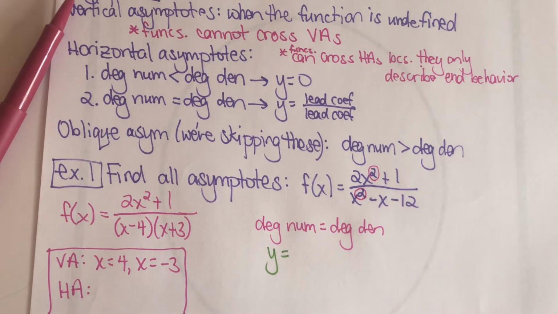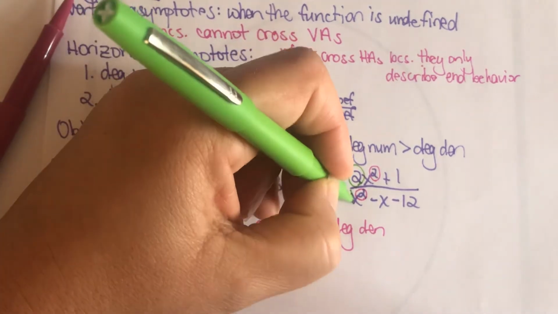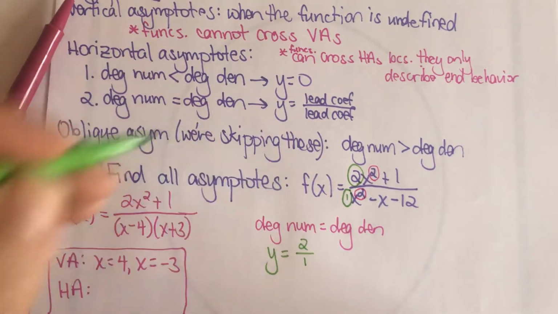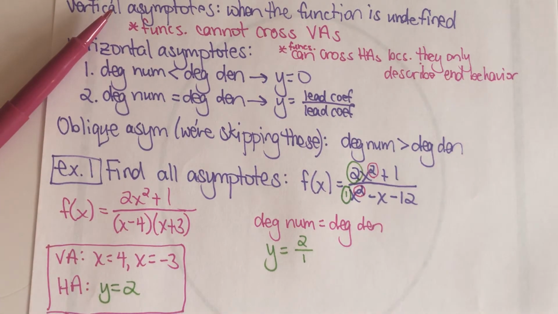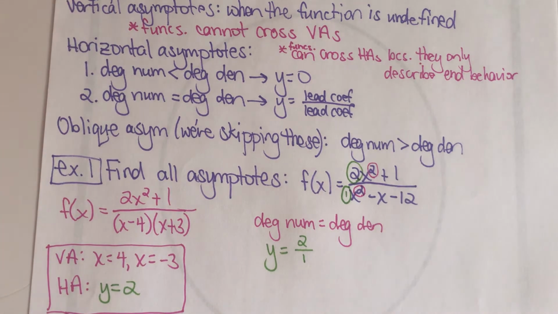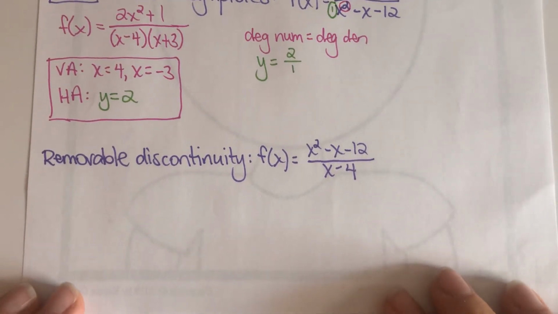They're vertical and horizontal lines, so they need to have x equals and y equals in front of them, okay? I can't emphasize that enough. Lead coefficient on top is 2. Lead coefficient on bottom is 1. So the equation of the horizontal asymptote is y equals 2. Easy peasy lemon squeezy. I'm so glad we're skipping oblique asymptotes. They don't really come up after this.